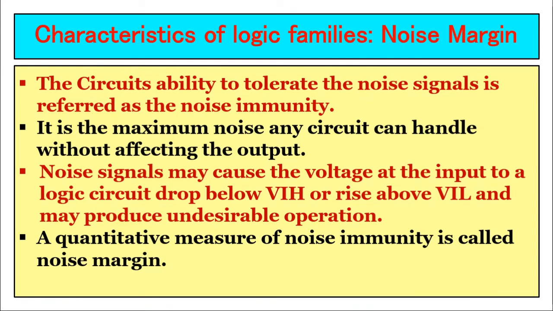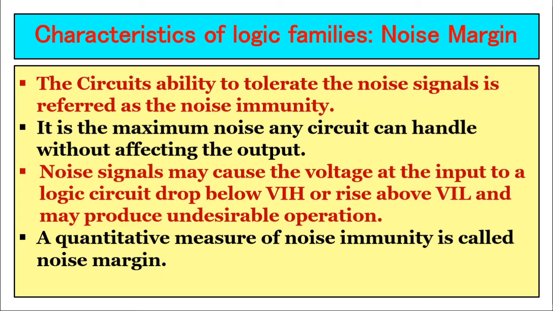Then the next characteristic of logic family is noise margin. Now you know that noise means unwanted signal voltage which is present in all real systems. The circuit's ability to tolerate the noise signal or fluctuations of the voltage levels is referred to as the noise immunity.